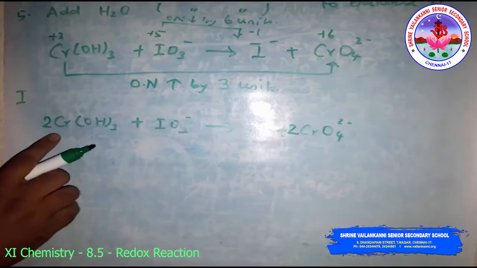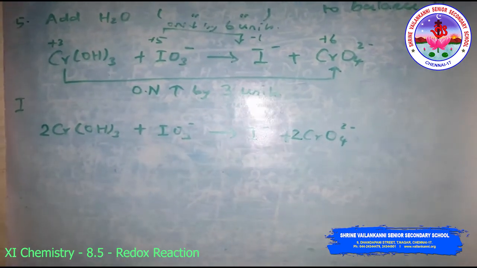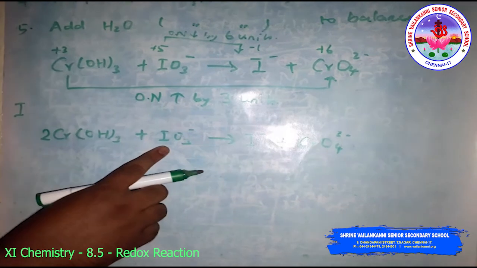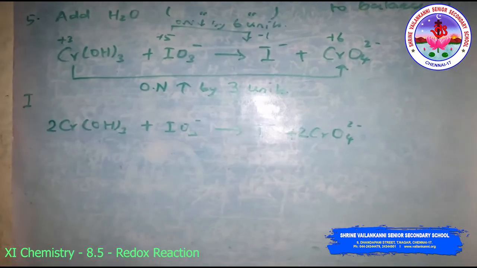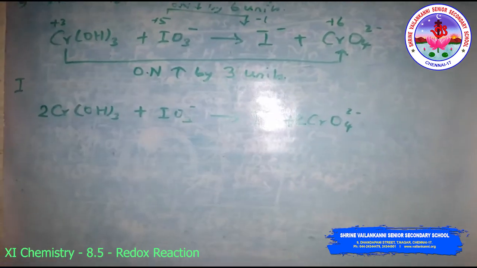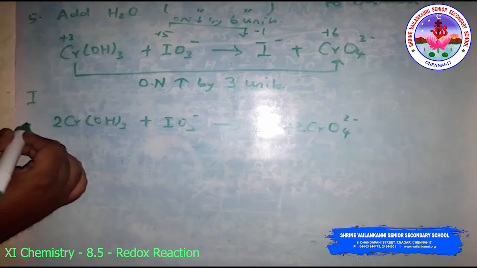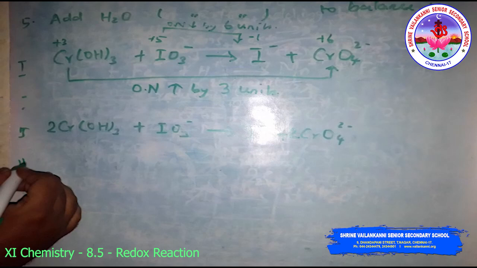Now chromium is balanced, 2 Cr on the left hand side, 2 Cr on the right hand side. Then iodine also balanced, 1 iodine on each side. Remaining, you have to check oxygen and hydrogen. So this is step 2 and step 3.